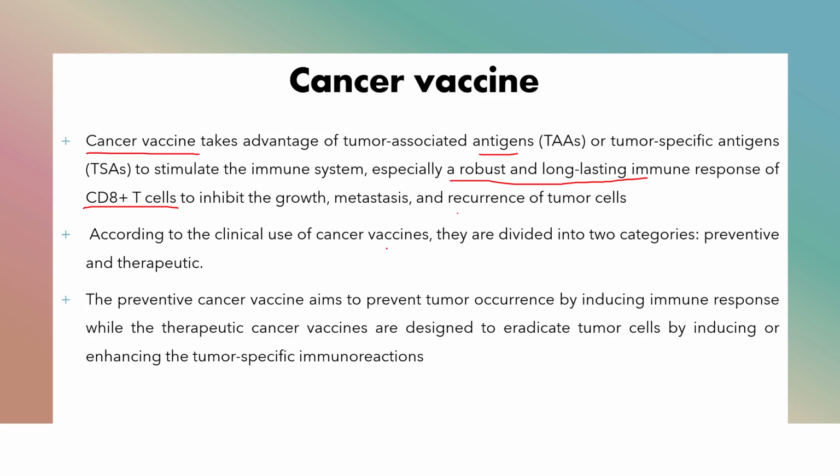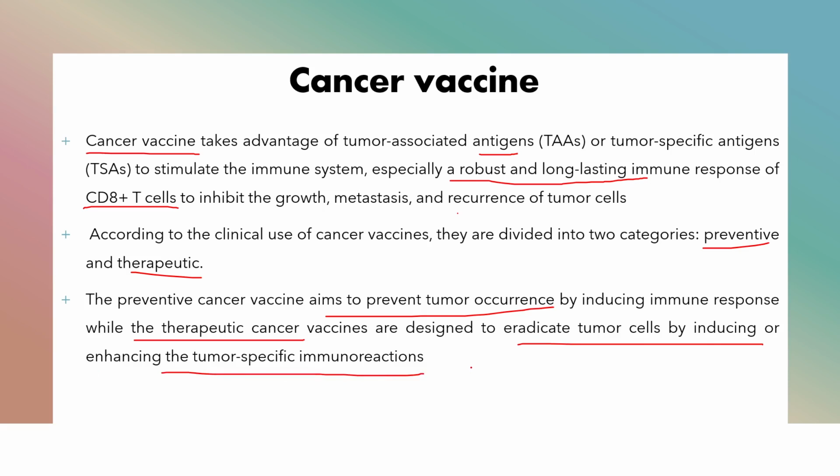According to clinical use of cancer vaccines, they are divided into two categories: preventive and therapeutic. The preventive cancer vaccine aims to prevent tumor occurrence by inducing immune response, while the therapeutic cancer vaccines are designed to eradicate tumor cells by inducing or enhancing the tumor specific immunoreactions. Okay, if you read this sentence again, I guess you understood.